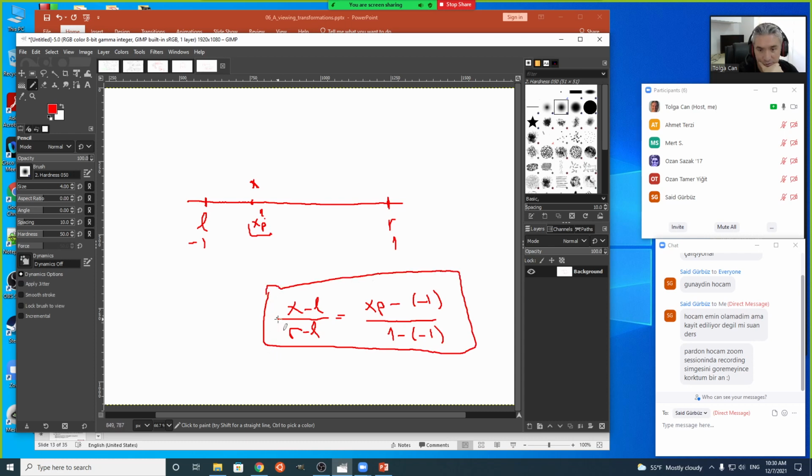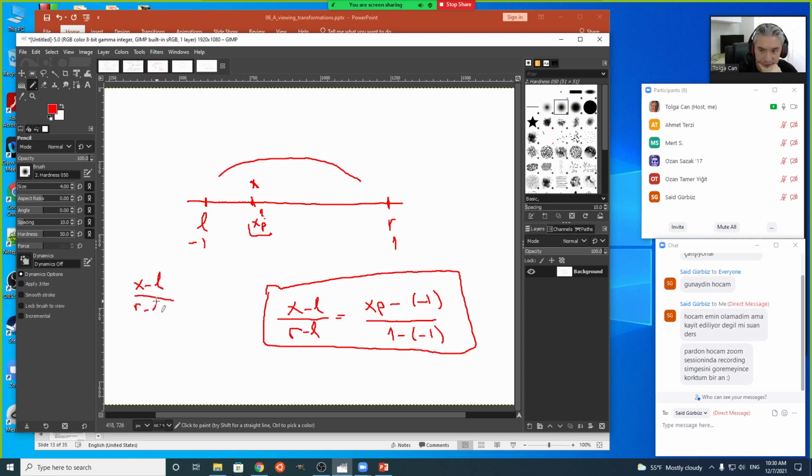So what I tried to do was X minus L divided by R minus L. So the ratio of this distance to this overall distance should be equal to, if I want XP in the same location, the distance of XP to -1, and then this new coordinate is 1, the distance of 1 to -1, which is 2. So let's try to simplify this a little bit.